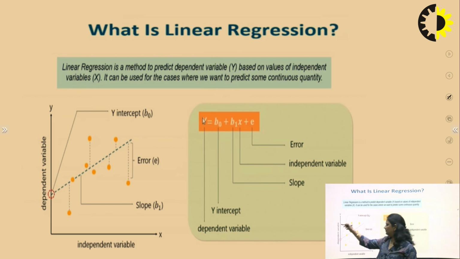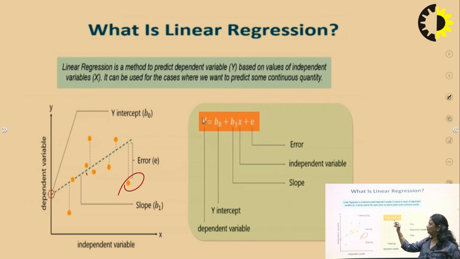On the X-axis is the independent variable, on the y-axis is the dependent variable, there is a line of regression, and these yellow dots are some data points. b0 is the intercept, as we already told you, b1 is the slope, or the change in y when there is a unit change in x, and these are the errors, or outliers.